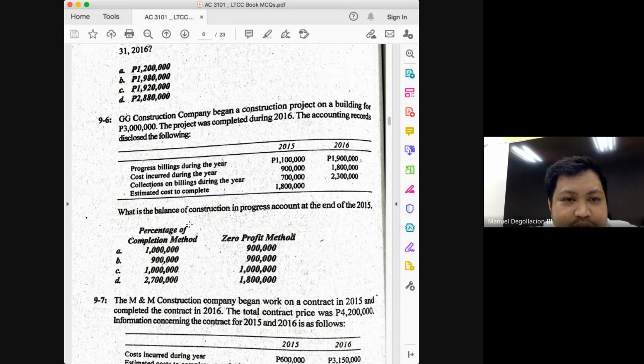How much profit are we expecting in this contract? How much is the contract price? 3 million. And then total costs, class. Two million. 2,700,000.